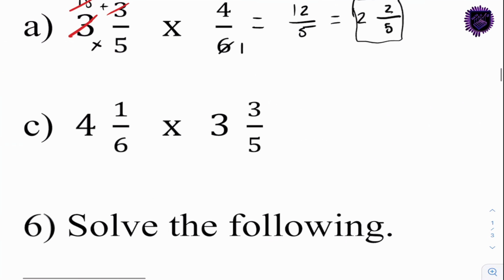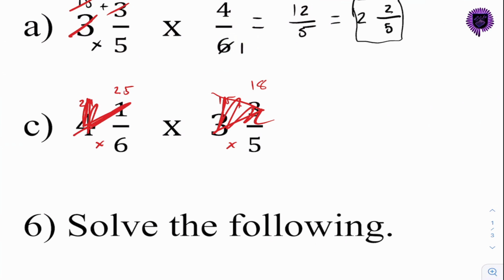5C. Oh, double. Do this in red. So we have 6 times 4, 24, plus 1, 25. Cross those numbers out. We have 25/6. We're going to multiply 3 times 5, which is 15. 15 plus 3 is 18.